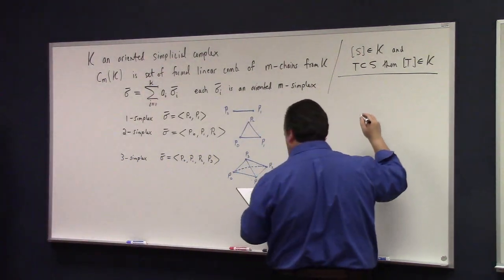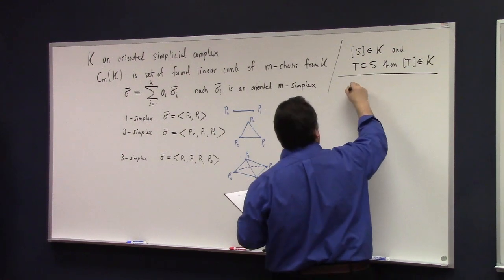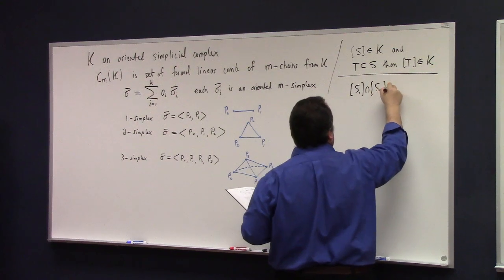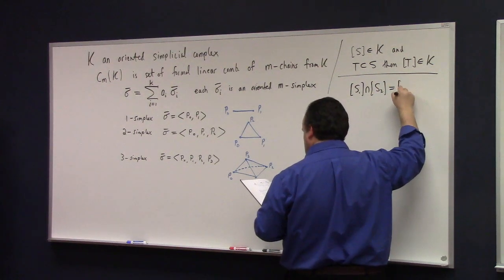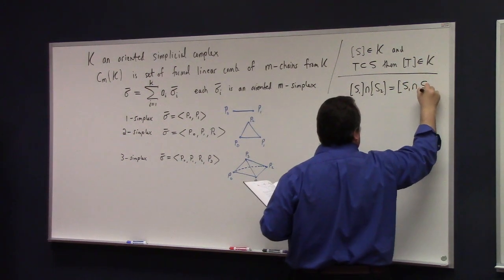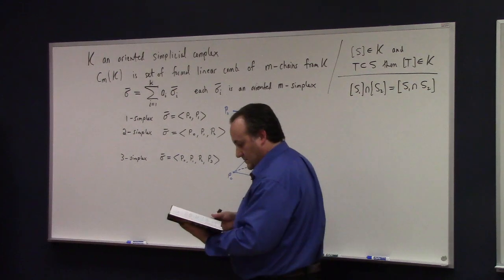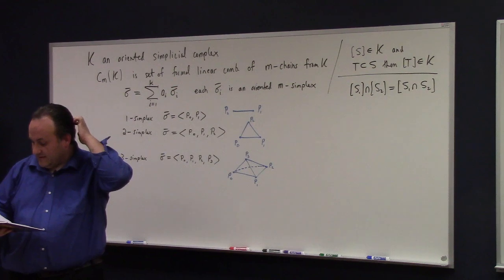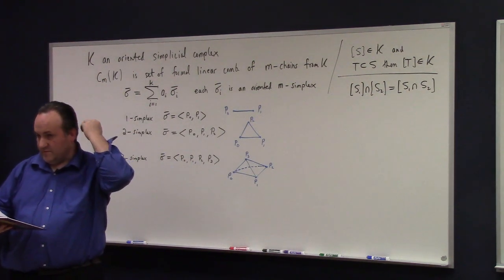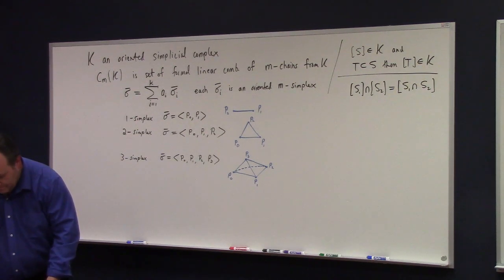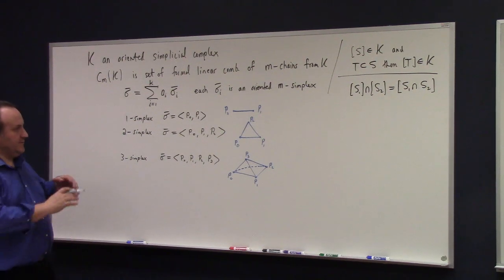What that looks like here is essentially S1 intersected with the simplex generated by S2 has to equal the simplex generated by the intersection. A simple sentence to encapsulate the idea: if 2 simplices meet, they must do so along a mutual face, right? All right, that was the basic setup.